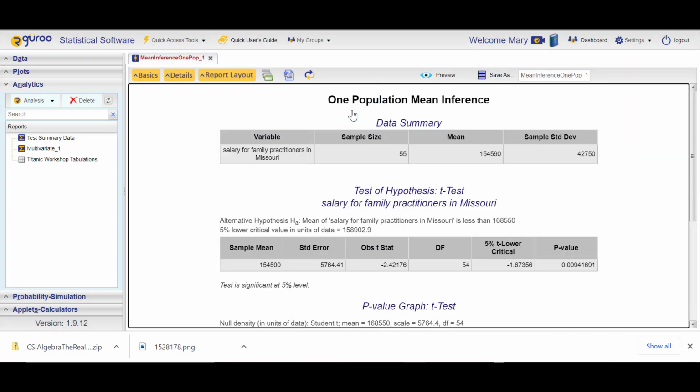And we do the preview, and we get a p-value of 0.0094. And now we are going to compare that to our significance level.